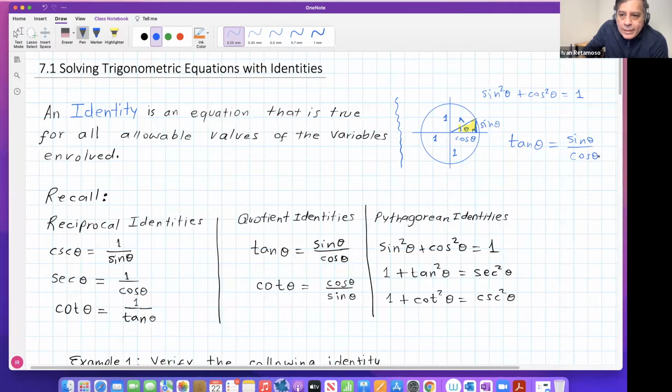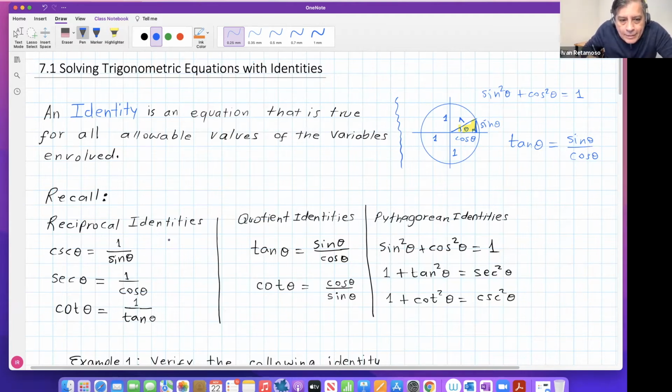For example, if you take theta to be pi over 2, this will be 0. It's not an allowable value, because it will lead you to an undefined situation. But if theta is reasonably taken, this should be true for any value of theta. So these are examples of identities.